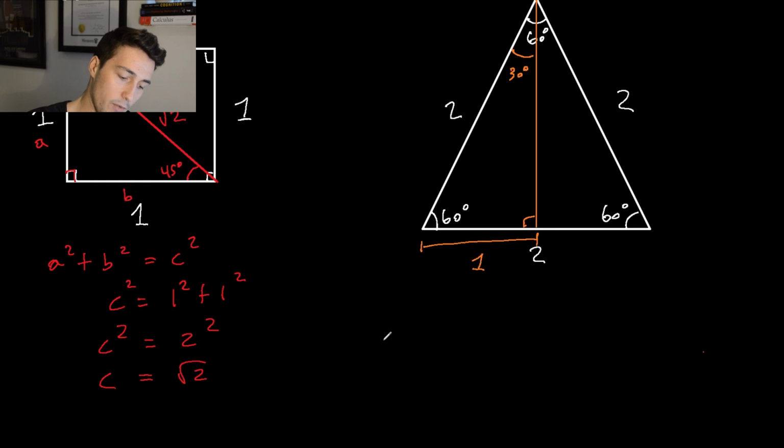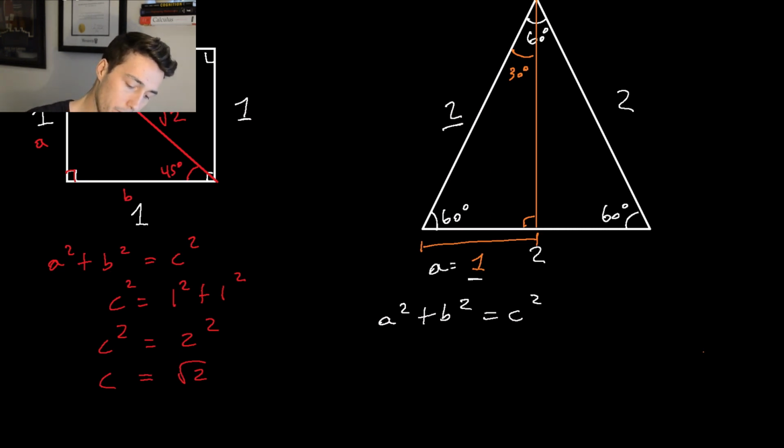Because we cut this in half, this side length now is 1. So again, we can use the Pythagorean theorem where this is our hypotenuse and this is the side length. We can do a squared plus b squared is equal to c squared. I'll say our a is equal to 1, and we don't know our b. So we're going to do 1 squared plus b squared is equal to 2 squared.